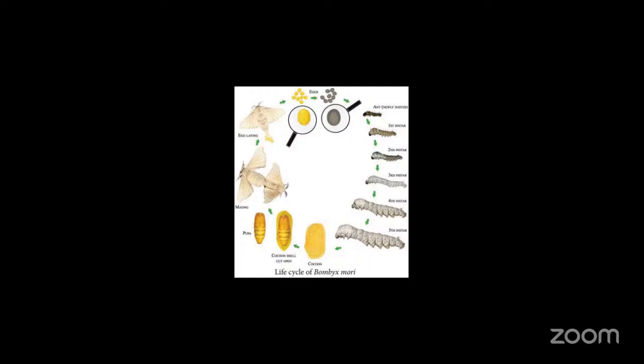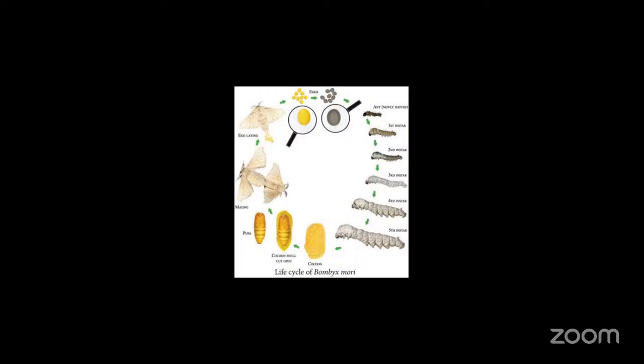In the larval stage, there are five instars with different molts. Four molts are there. Molts mean shedding of skin. After a certain stage, it sheds off its cuticle layer. So four molts and five instars will be there.